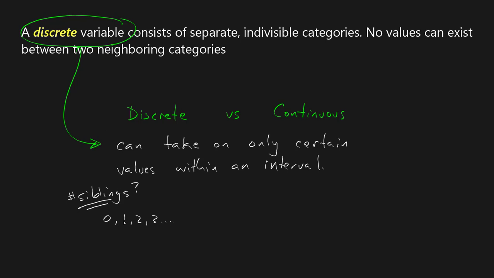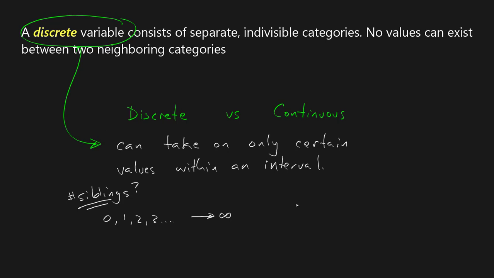So for example, you can't have 1.875 brothers and sisters. You can't have 2.2 siblings. You either have to have 0 or 1 or 2 or 3 and so on. So there's only certain values that are allowed within an interval, even if the interval goes all the way up to some unknown or infinite extreme. There's only certain values that can be the possible values for that variable.